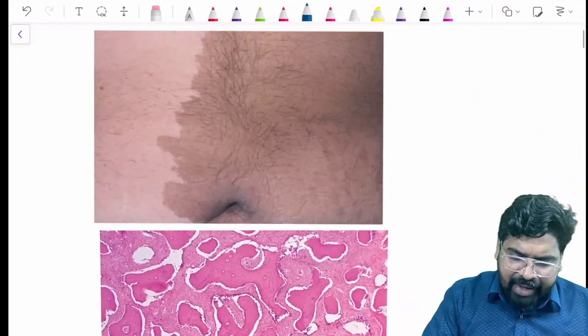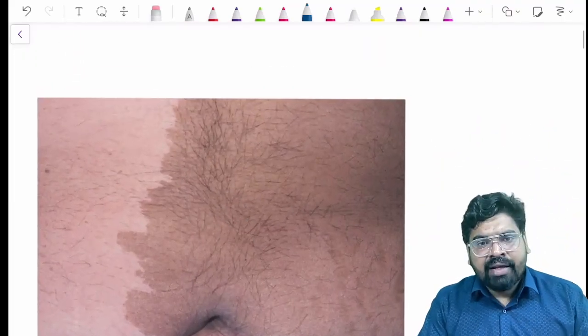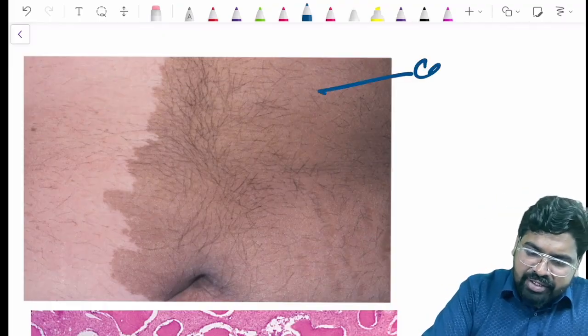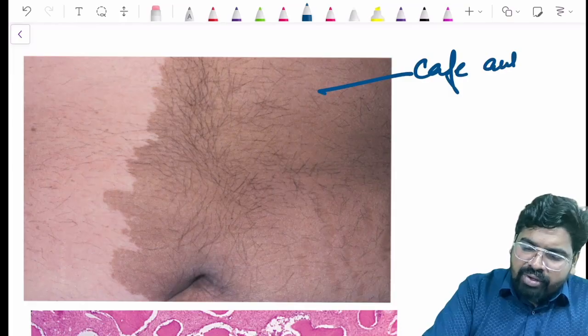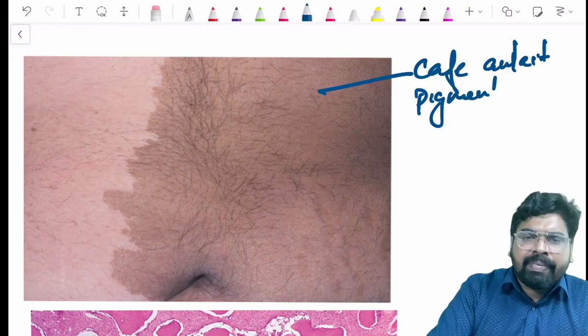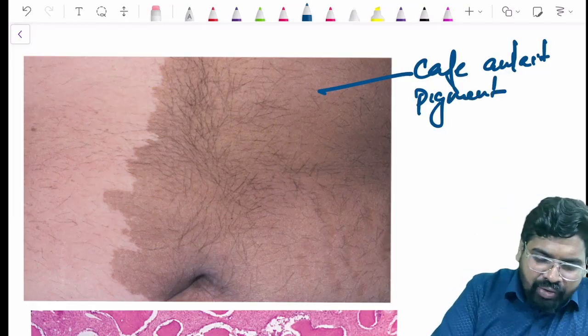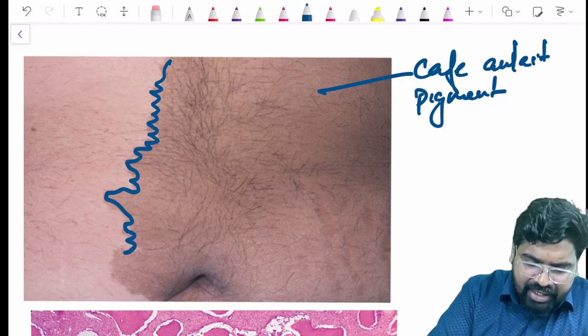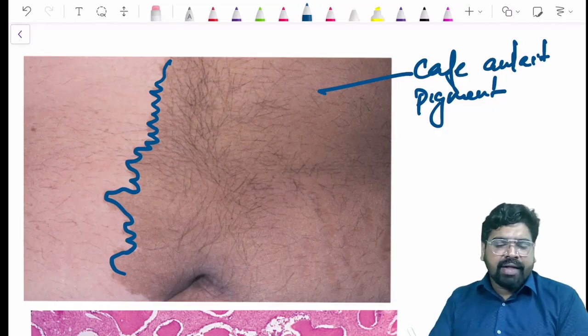Okay, can you see this image here? See this pigmentation. This is called a café-au-lait pigmentation. Café-au-lait means coffee in milk pigmentation, and you can see that the borders are irregular.